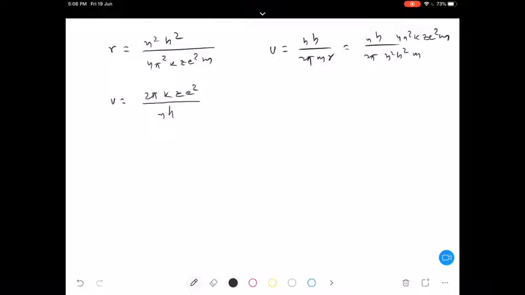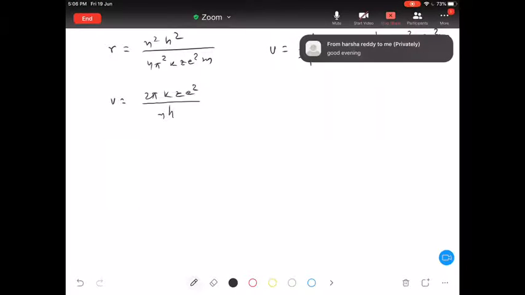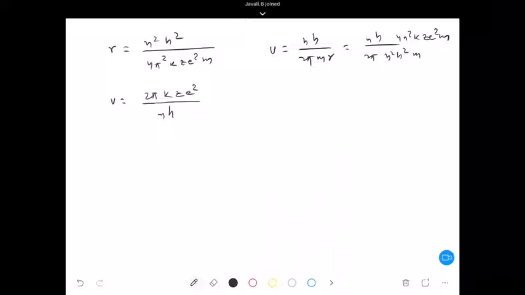Then I gave you a few problems to solve. After going through these problems, we could even define the time period for revolution. We can define the length of a single revolution.